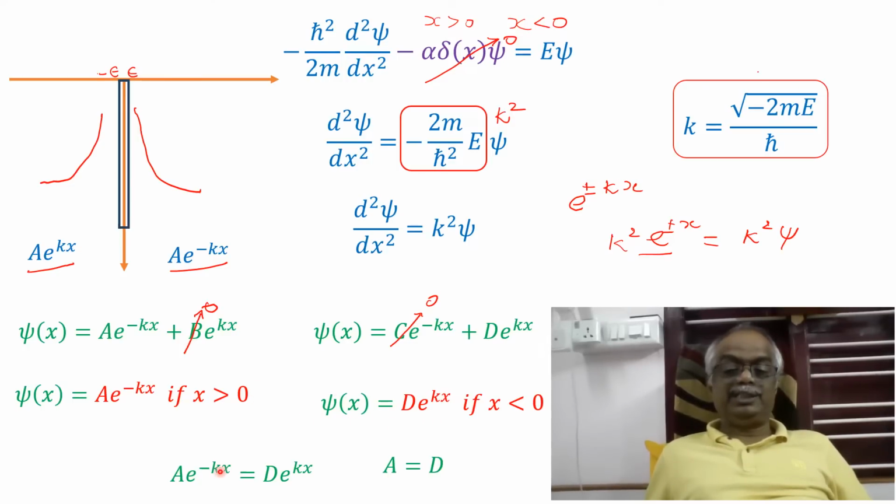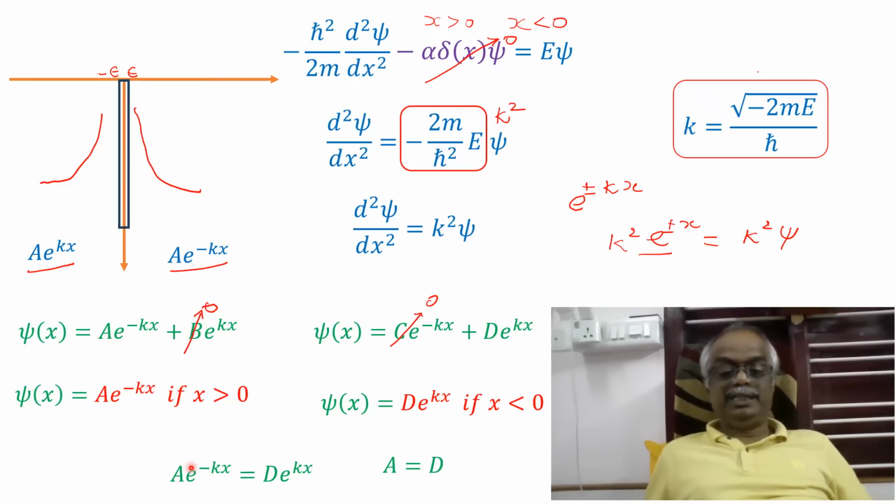When x is equal to 0, in order to have continuity, psi of 0 must be equal for both sides. So if you put x equal to 0, here also x equal to 0, psi of x at 0 on both sides must be equal.